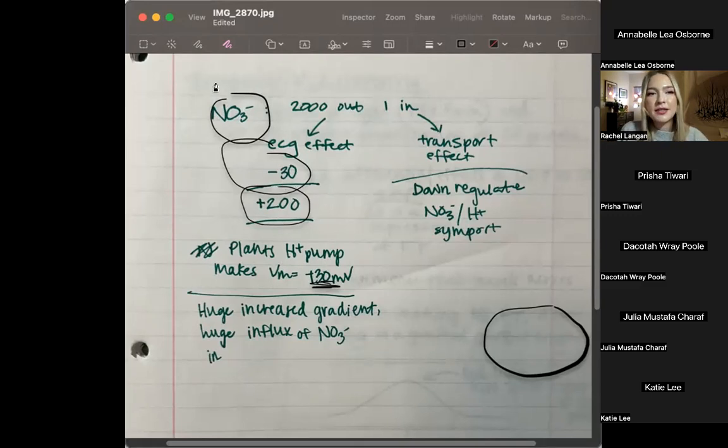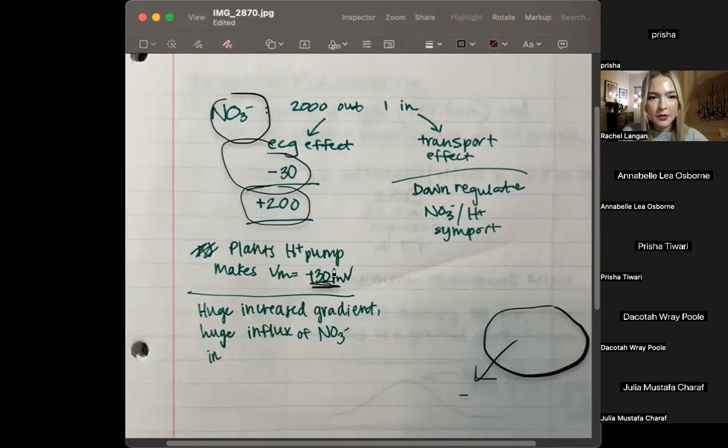In order to make it more positive, nitrate is going to want to leave the cell, go out, because it's a negative ion. And that will make the membrane potential hopefully move from negative 130 closer to where it wants to be. And that driving force to move the membrane potential to these values is much bigger in this case because we're farther from where we're starting. So this change has caused an increased driving force on nitrate to leave.